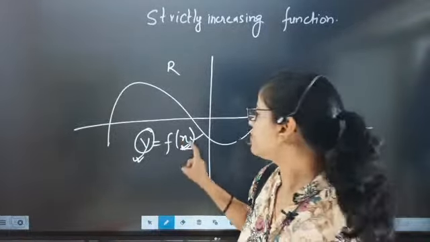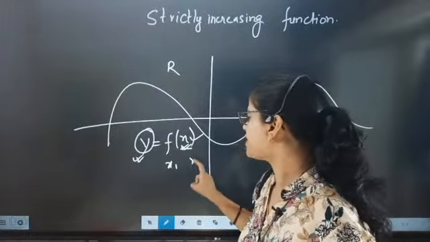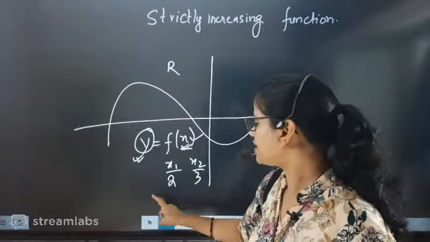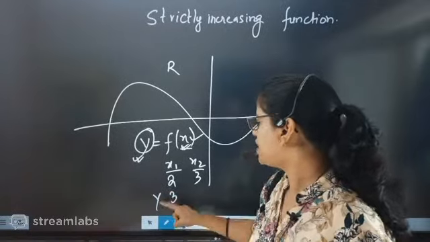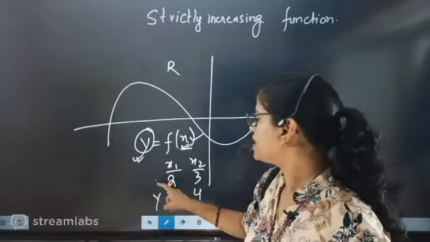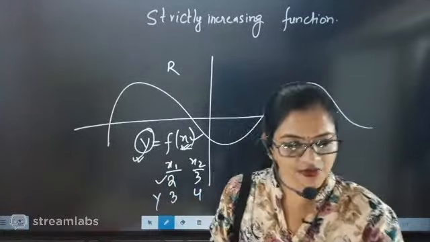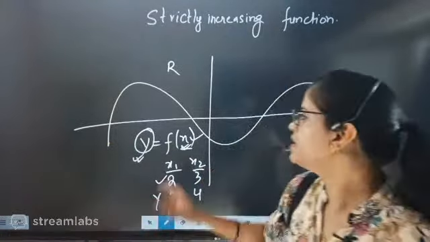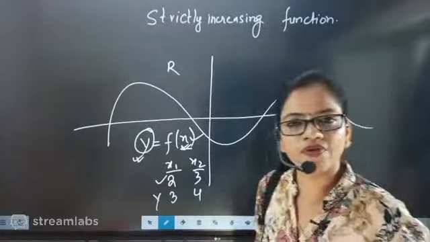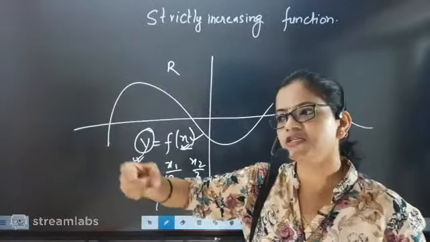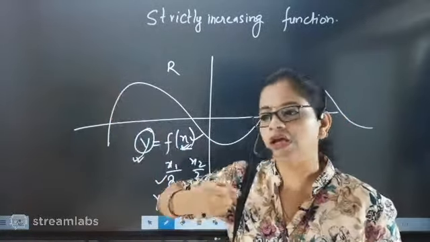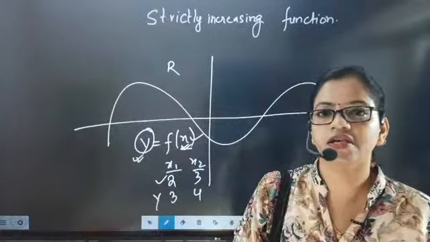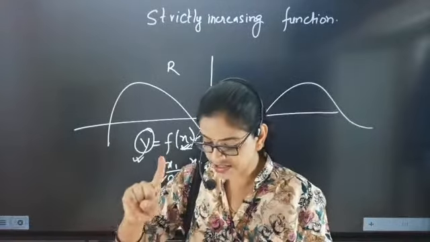If I put x1 equal to 2 and x2 equal to 3, and I get y equal to 3 and y equal to 4, that means when I go from a lower value of x to a higher value of x, from left to right, and the curve or line I am drawing goes up, then it is a case of strict increasing.